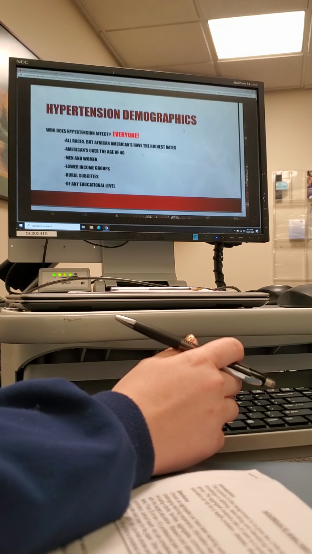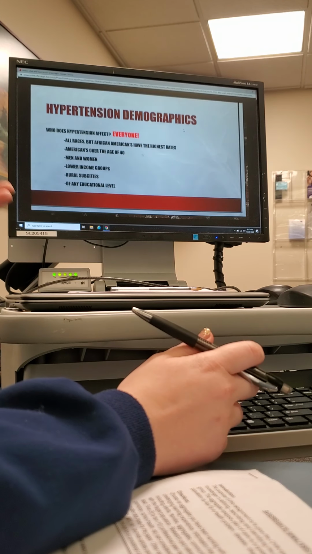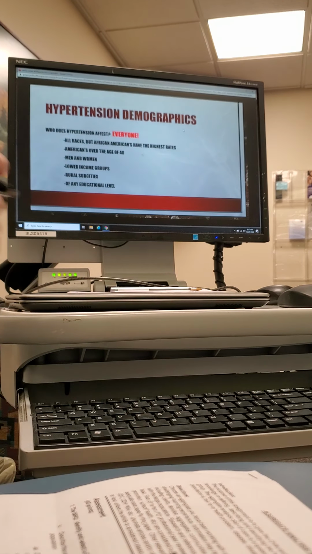So hypertension demographics, who does it affect? Anyone and everyone. Just because I'm a white female does not exempt me from being diagnosed with hypertension down the road. It affects all races. However, there's a statistic out there that has shown that African Americans have the highest rates and percentage rates of hypertension.